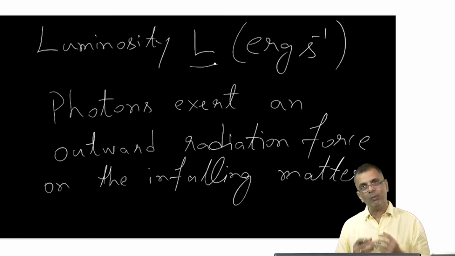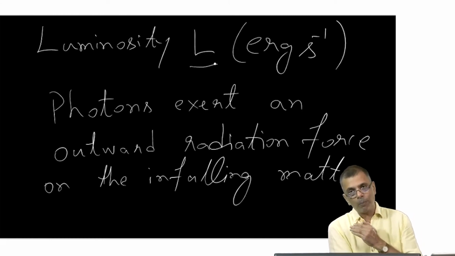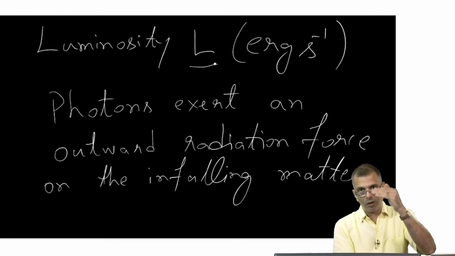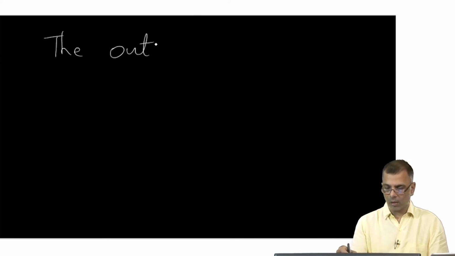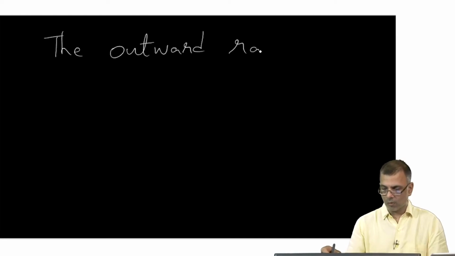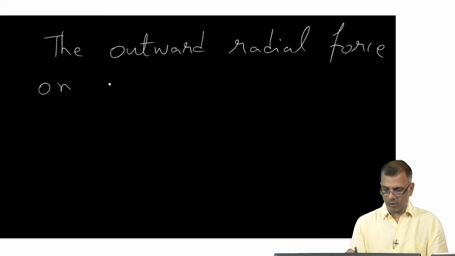And the photons carry momentum. Photons might not have mass, but they have momentum. And since they have momentum, they can exert a force on the infalling matter. So the outward radial force on an electron.